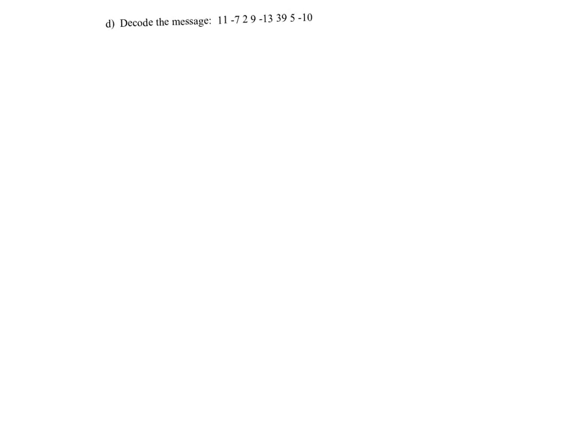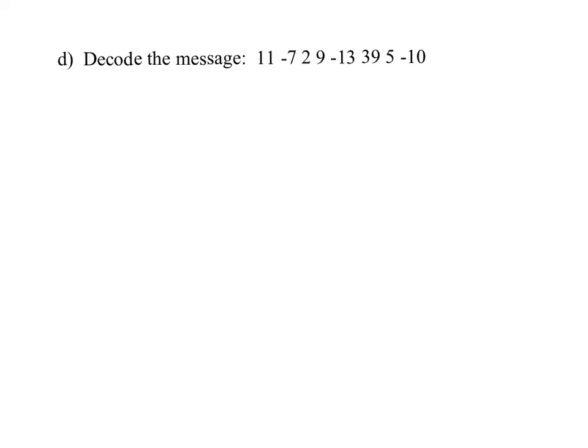Now we're going to pretend like I don't actually know what the message is ahead of time. So someone sent me this message. I'm going to decode it, and I'm going to use the same matrix as before. Because it says decode, I'm trying to undo the code. So I'm going to use the inverse, same one as above. My decoding matrix, I'll write it on the side because it's not on my screen anymore.